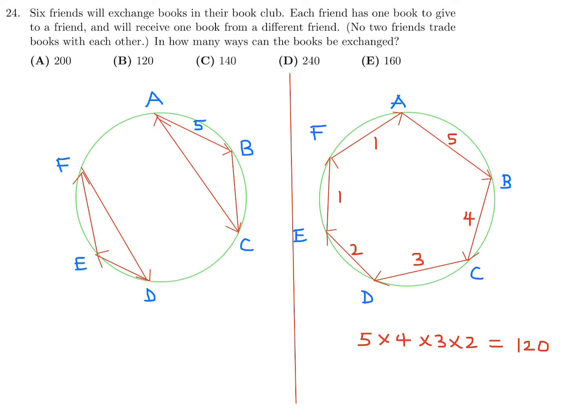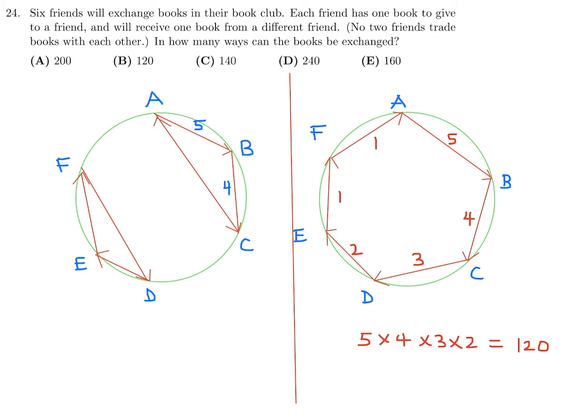And then once you have B, B is going to give a book to C, right? So I've written B to C. But instead of C, we could put here D, or we could put E, or we put F. So there's 4 possible choices for that letter. And therefore, this is 4.